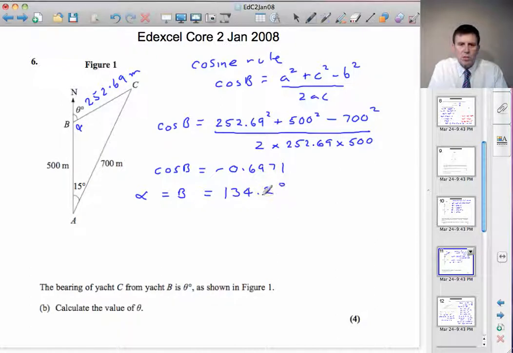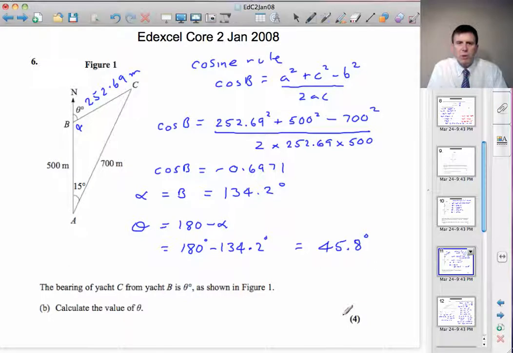So theta we can see is 180 minus alpha, which is 180 take away 134.2 to give a final answer of 45.8 degrees. And that completes question 6.